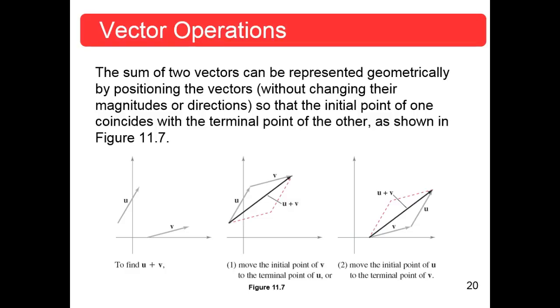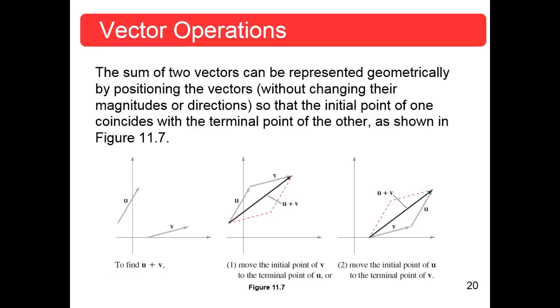Not in the same location, but same magnitude, same direction, so they are the same vectors, and therefore vector addition is commutative. It doesn't matter which order you add, U plus V or V plus U, they're the same.